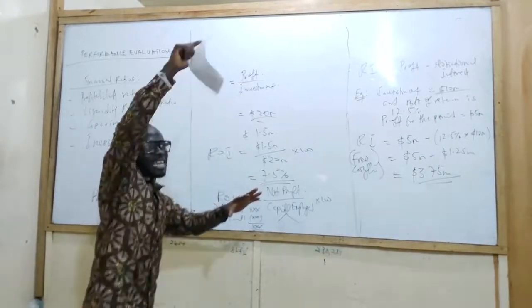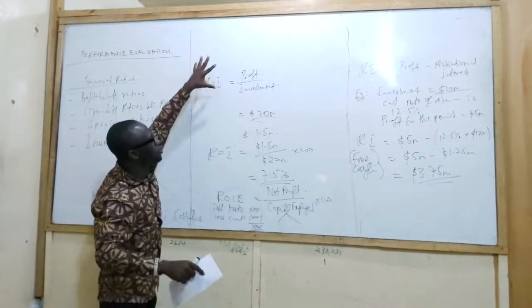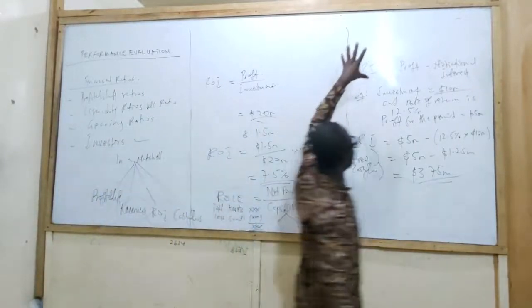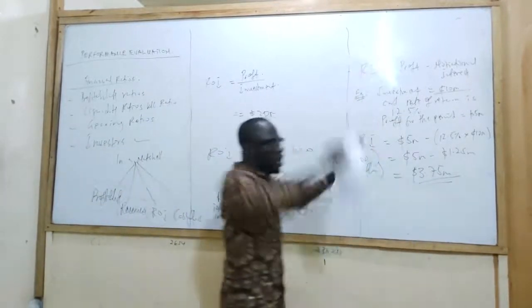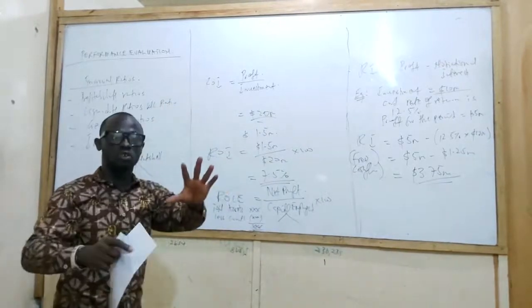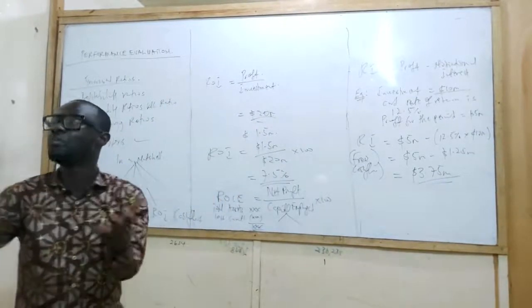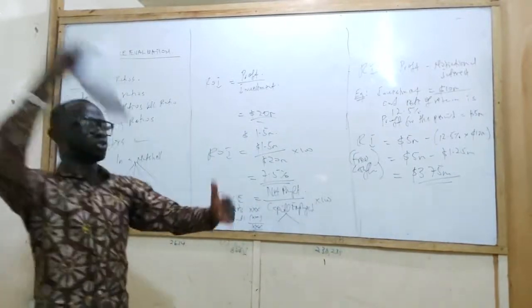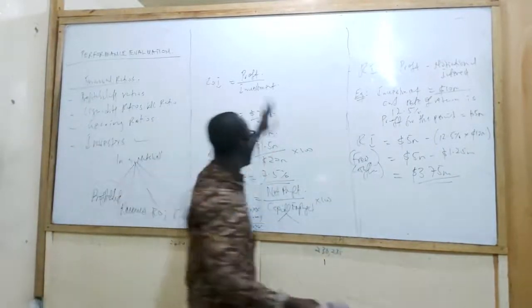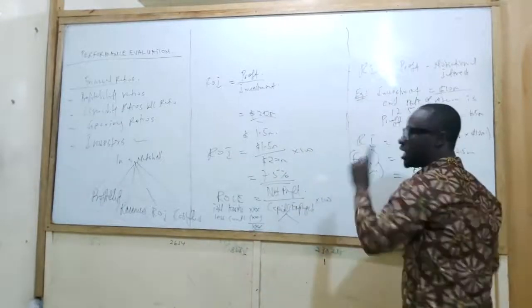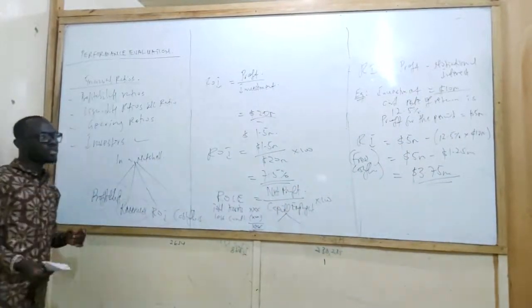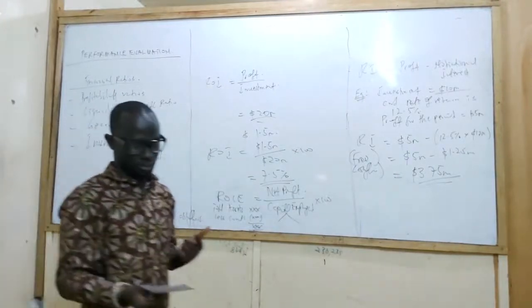You will use ROI, ROCE, and RI, compare the results, decide whose is high and whose is low, and explain why. These are the 3 core things to understand for performance evaluation of divisions.